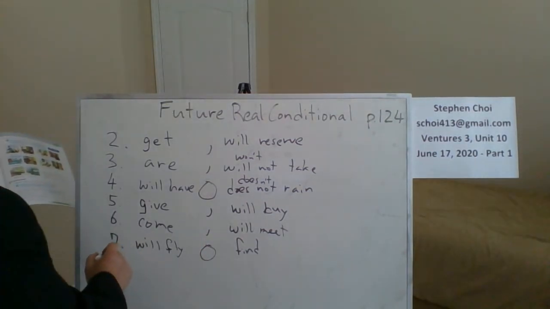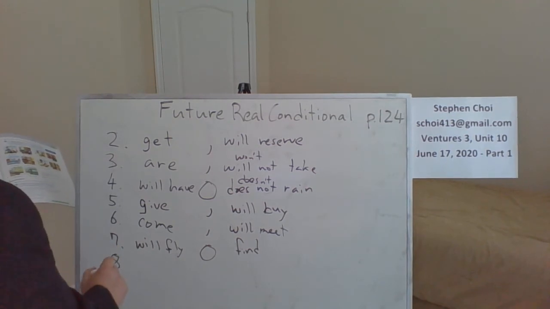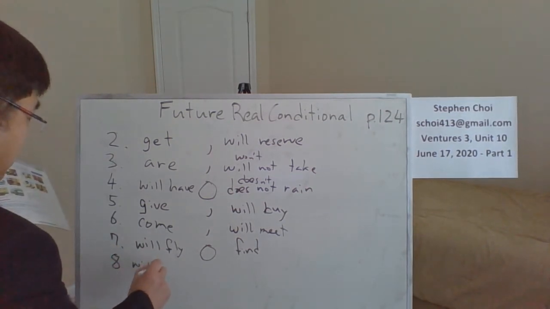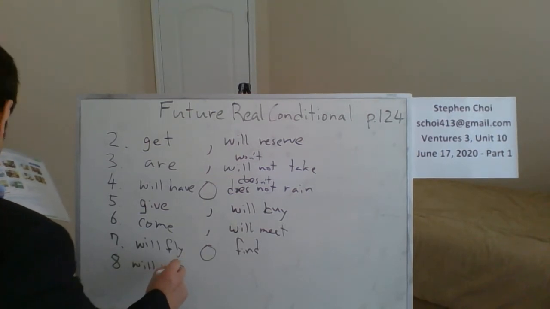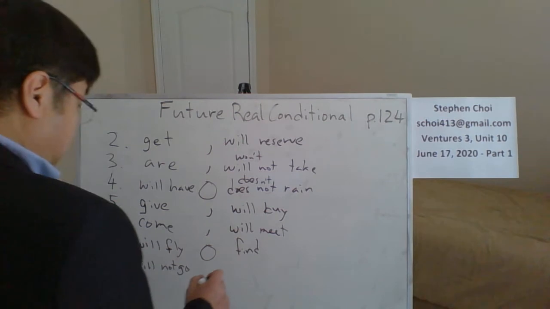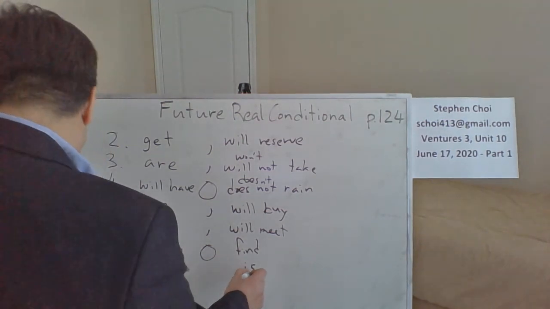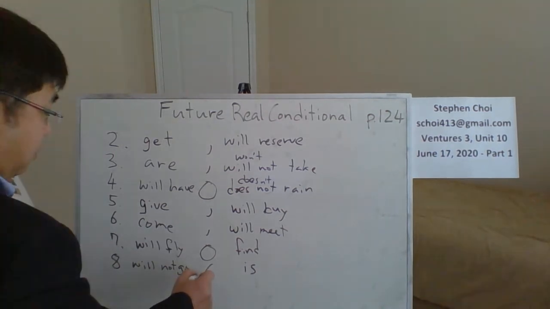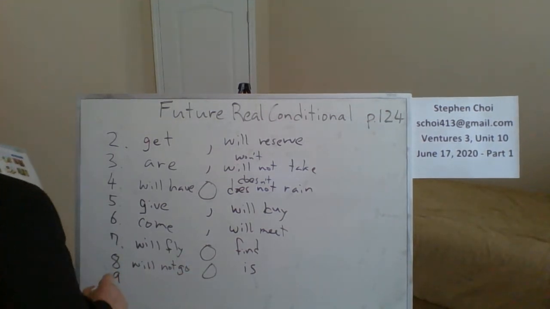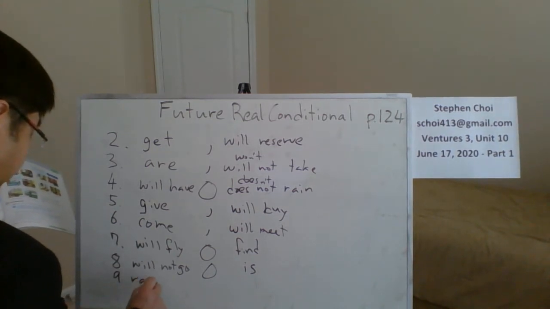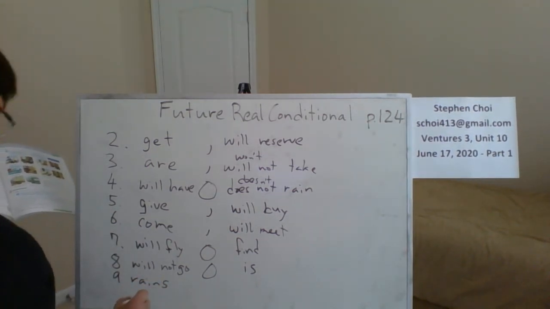All right. And then number 8 is negative. We will not go, right? We will not go camping if the weather is too hot. And then no comma. And then number 9, if it rains, simple present.